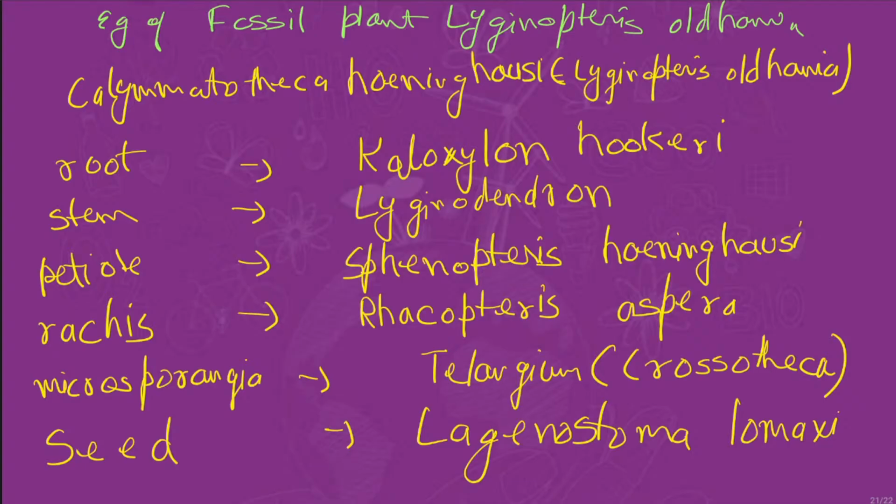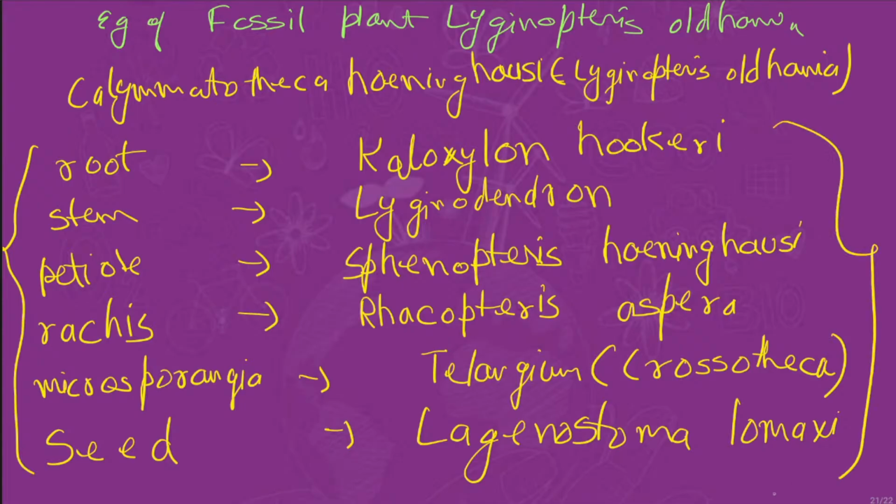This is how the Lyginopteris oldhamia was classified and reconstructed by the careful placing of the plant portions together, as the plant was not found as a whole in fossilized condition. The reconstruction was done by parts, when they did not know the relations between them, that these are parts of the same plant.